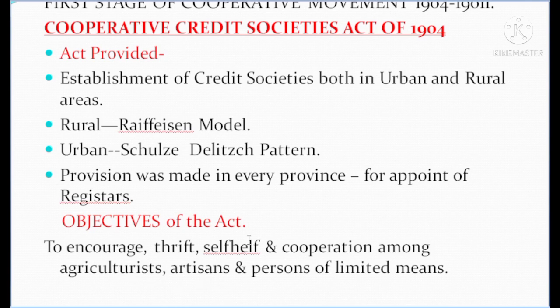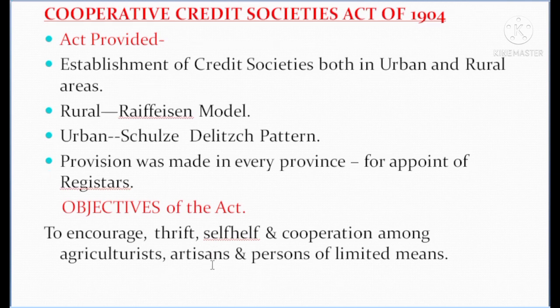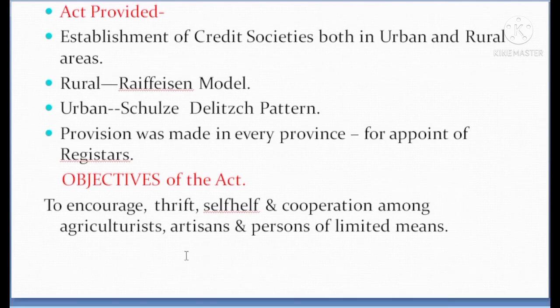That means its objectives were to encourage the persons who have limited means, the persons who are artisans, and the persons who are agriculturists, so that they will come into the fold of cooperation and they can come out of poverty.